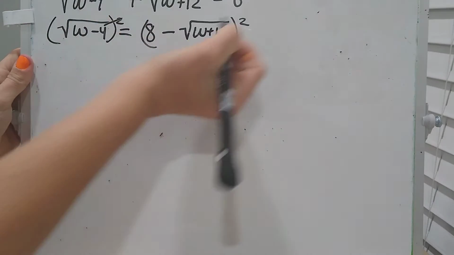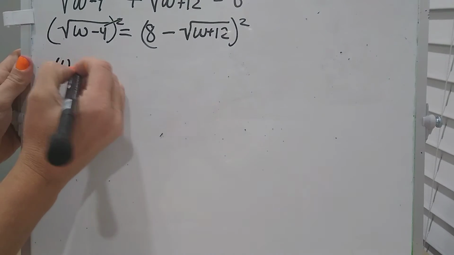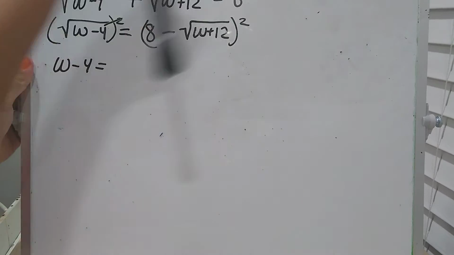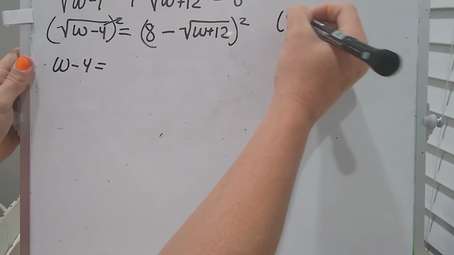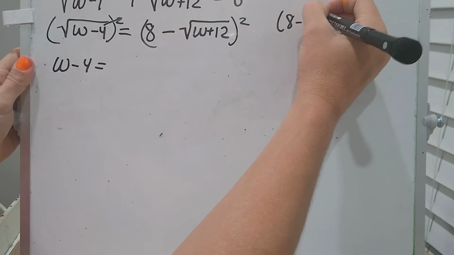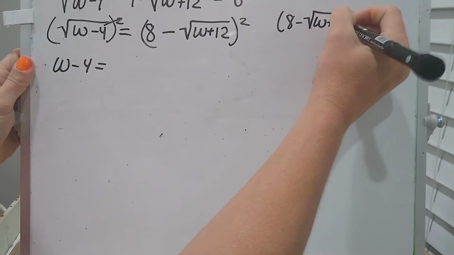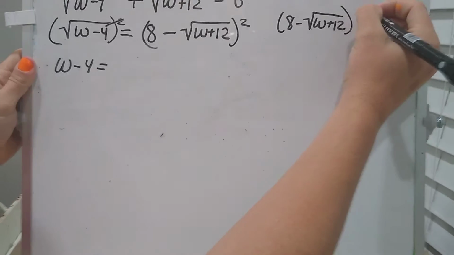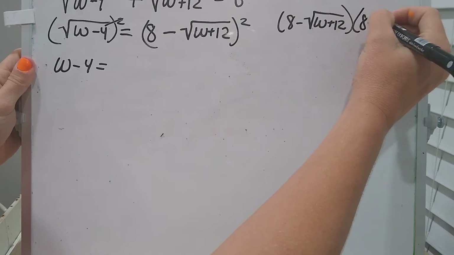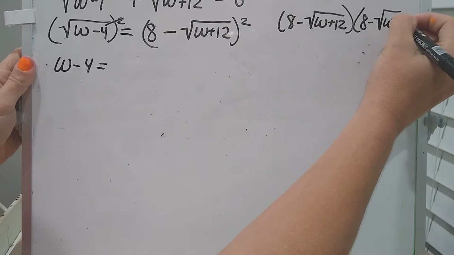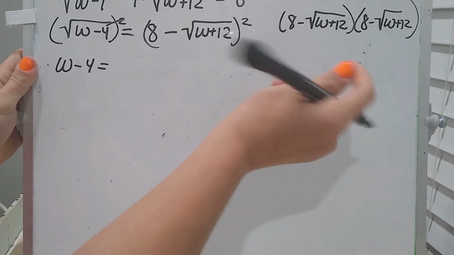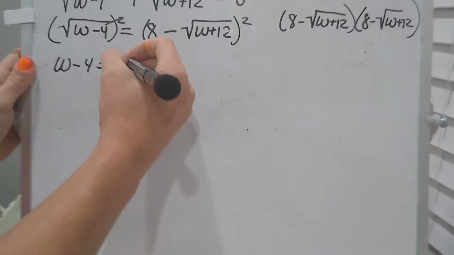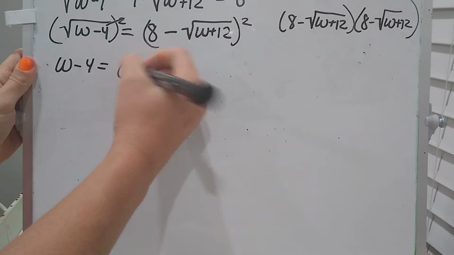So that cancels out. So we get w minus 4 equals, okay, I'm going to write it off to the side just in case you need to see it visually to make it easier. If you don't have to write it off to the side, that's okay if you're able to work it out in your head. Okay, so now let's use FOIL to multiply this. So our first, 8 times 8, we've got 64.